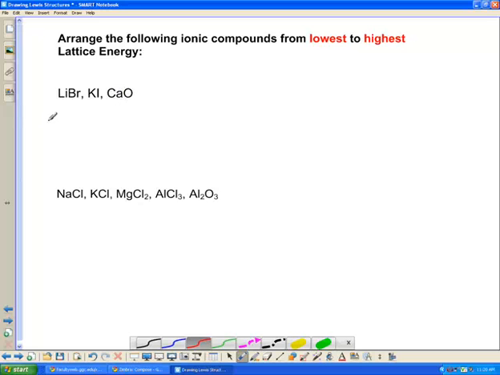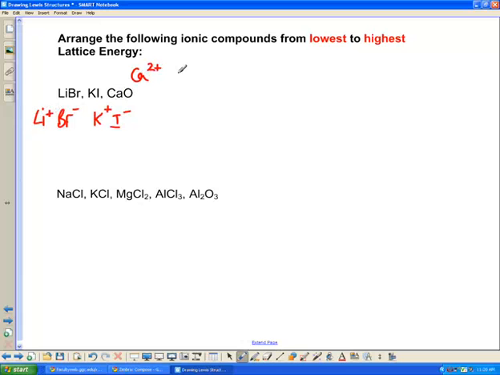We need to look at charge density. So we know for lithium bromide, it's Li plus, Br minus. Potassium iodide is K plus, I minus. Calcium oxide is Ca2 plus, O2 minus. Now this is where we need to look at the periodic table.